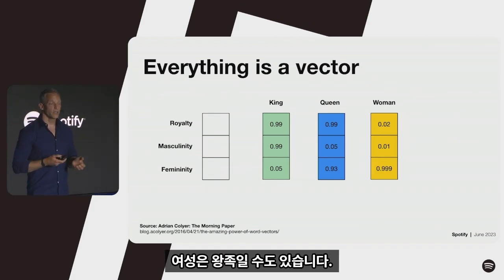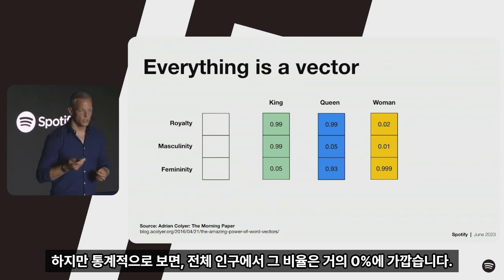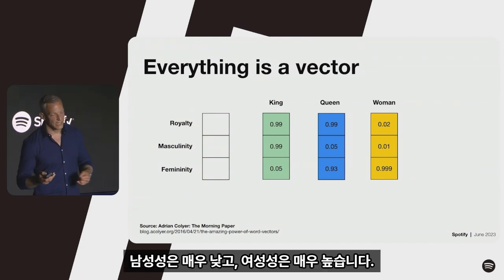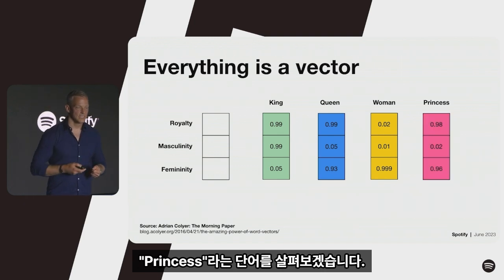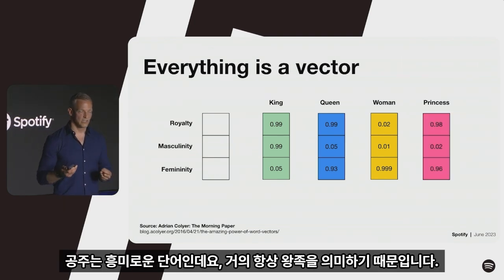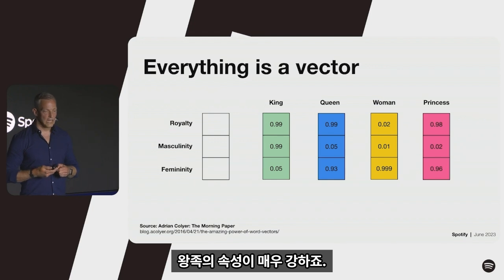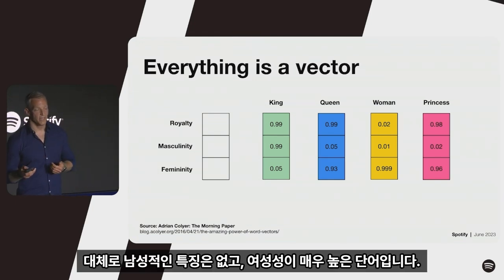So a woman could be royalty, but statistically across the population, pretty low. It's almost 0%. Very low in masculinity and very high on femininity. Let's take a word like princess. So princess is interesting because it is almost always royalty. It's very high on royalty. It is usually not masculine and very high on femininity.